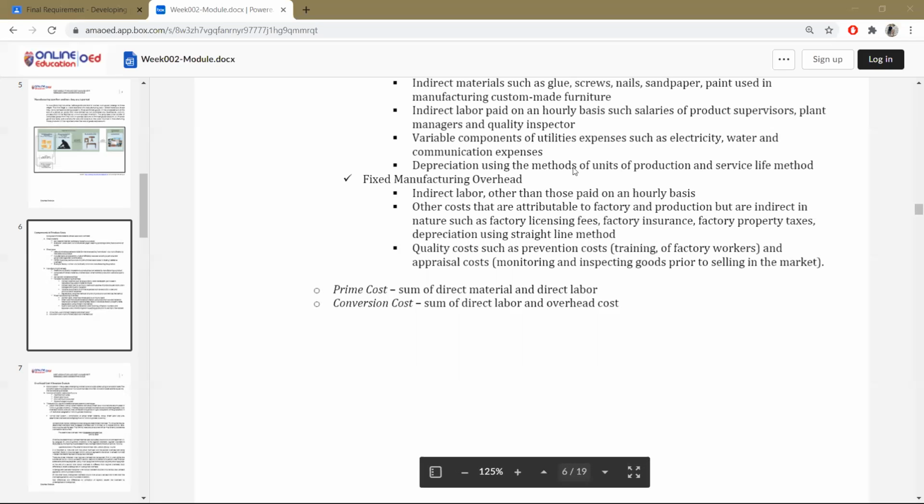Other examples of fixed manufacturing overhead are other costs that are attributable to factory and production but are indirect in nature, such as factory licensing fees, factory insurance, basically all other expenses related to the factory and production that are not direct. So these are part of fixed manufacturing overhead as long as they are fixed.